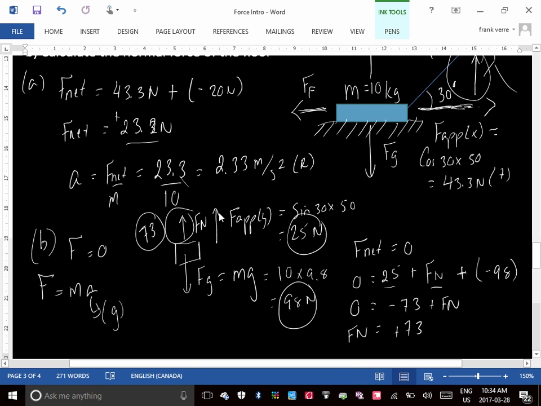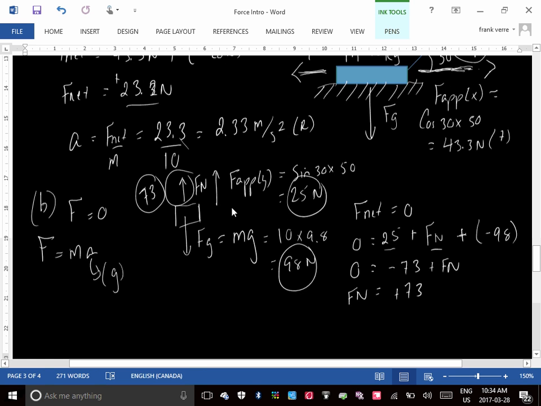And 98 down, and that all cancels out. So then there's no acceleration. Okay? So again, it's the concept of F net and F equals ma. Those are the really two big ideas so far in this unit with force. F net is just the sum of all the forces, and then you have F equals ma.